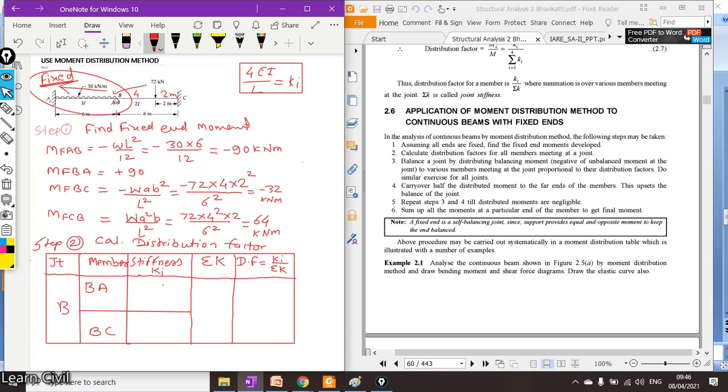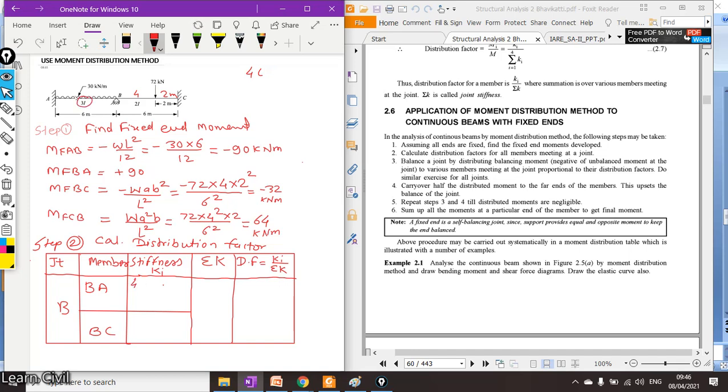If this end was hinged, it would have been 3 EI upon L, but as end A is a fixed end, the stiffness for member BA will be 4 EI upon L.